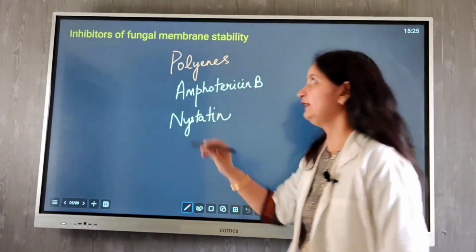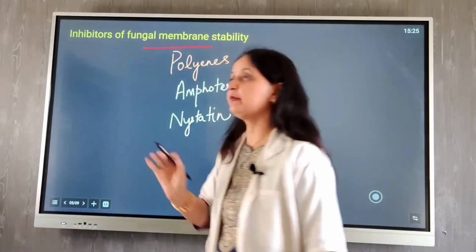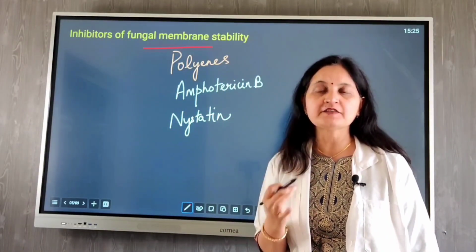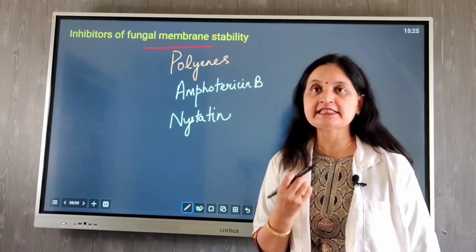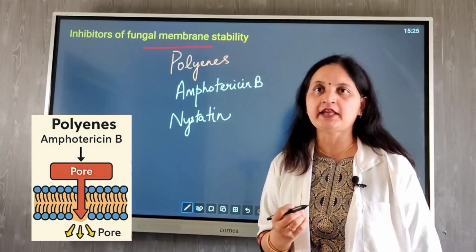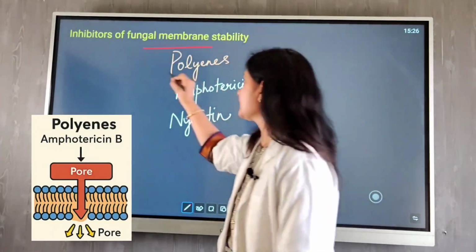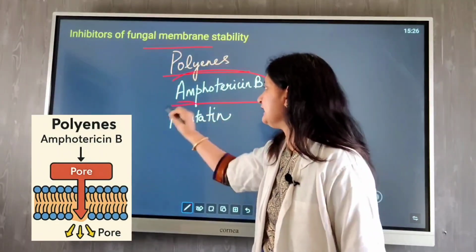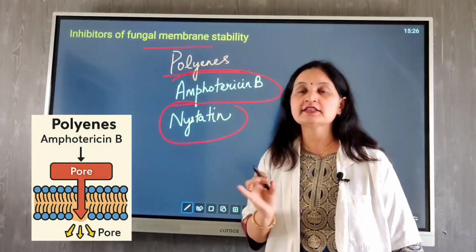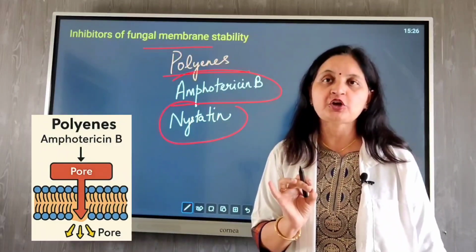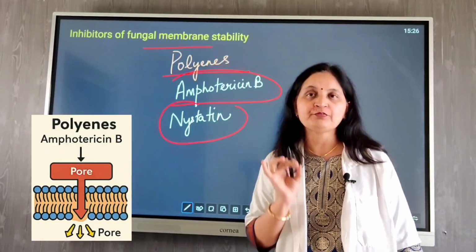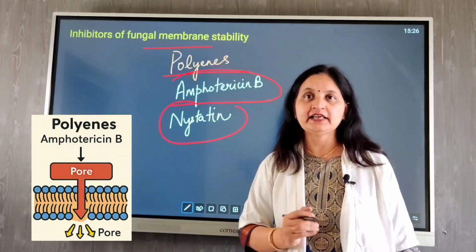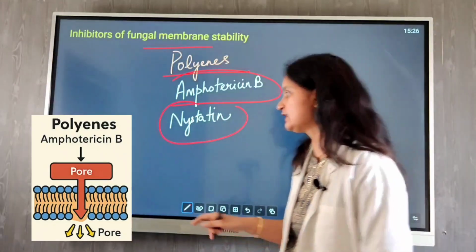The third class is inhibitors of fungal membrane stability. As I have mentioned, ergosterol is a key component of the fungal plasma membrane, which helps to maintain its stability. A class of drugs known as polyenes includes amphotericin B and nystatin. These are the two drugs that directly bind to ergosterol, form channels and pores in the membrane, and cause leakage of cellular contents, causing death of the fungal cell.